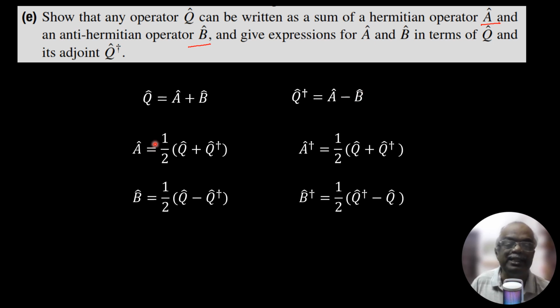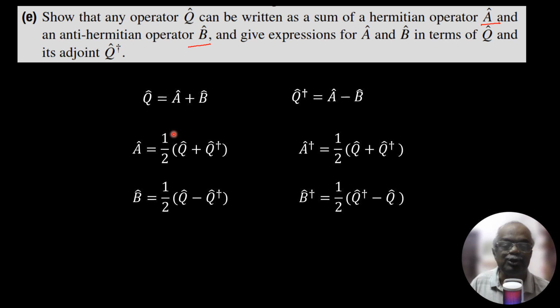Now let us find A. If you add Q and Q†, what will you get? Q plus Q†. If you add these two, P will get cancelled and you will get 2A.